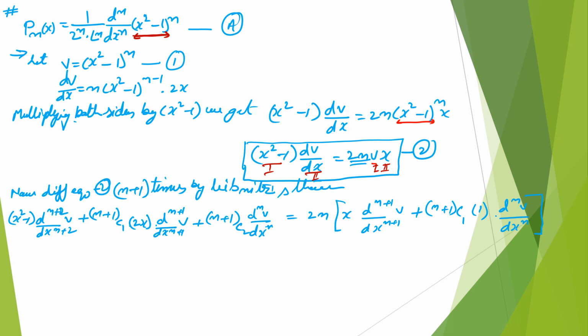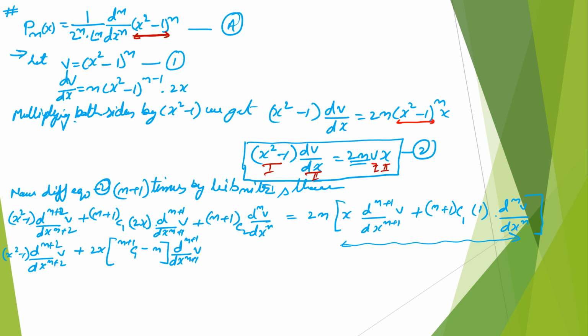Now when we simplify it, the right side portion we have to take to the left side. We get (x square minus 1) d^(n+2) over dx^(n+2) of v plus 2x (n plus 1) C1 minus n d^(n+1) over dx^(n+1) of v.